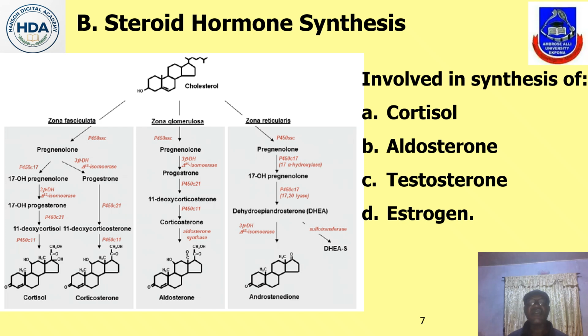Now, another function of cytochrome P450 is in steroid hormone synthesis. Steroid hormone synthesis commences with cholesterol. They are involved in the synthesis of cortisol, aldosterone, testosterone, and estrogen. Now you can see the pathway leading to each of the products.